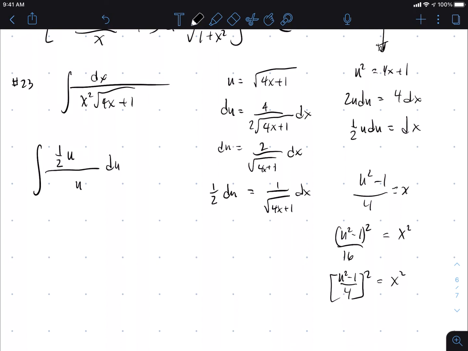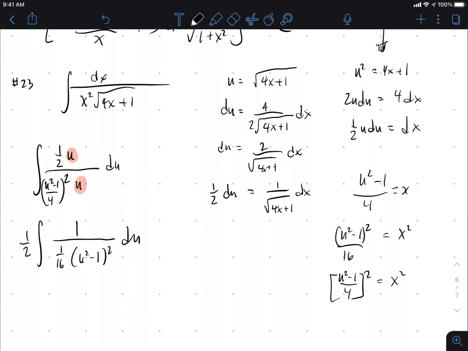So then from there, I'm going to put that in here. So I'm going to get u squared minus 1 over 4 squared. But what do we notice about this and this? Well, those two cancel out. They're gone. So our problem ends up being not too bad. I'll have the 1/2 outside. So I have 1 over, let's say 1/16 u squared minus 1 squared du.